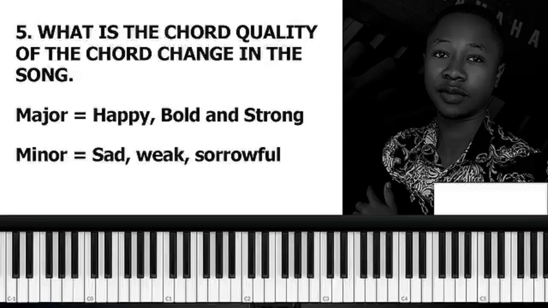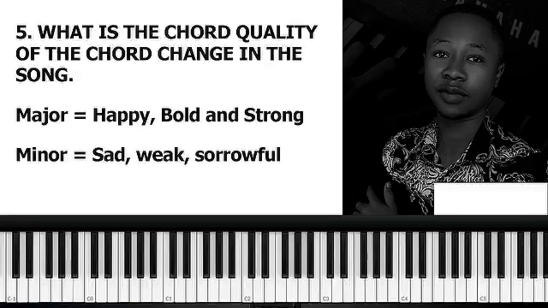Now listen very well. It might take some time, not very long, but if you are consistent with exercises on hearing chord quality, which you are likely not going to see on YouTube, if you are training your ear on this aspect, what you want to ask is: this particular sound, is it happy?